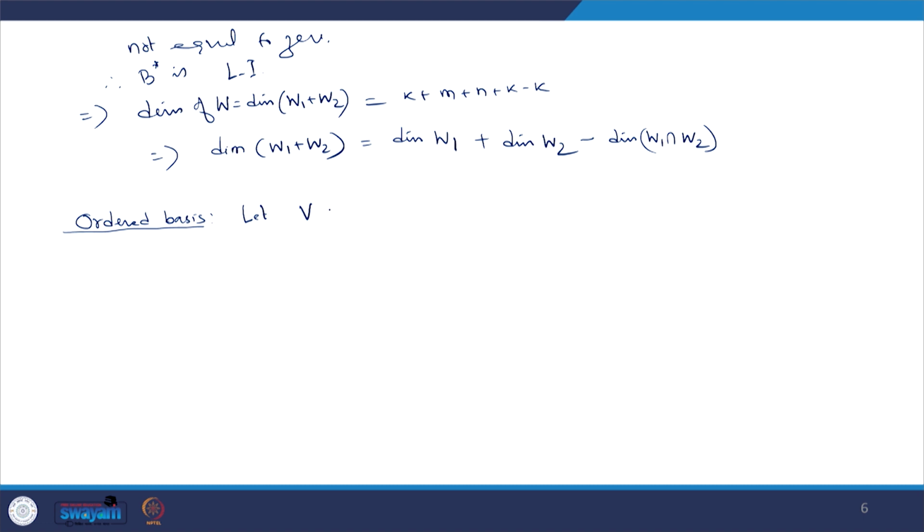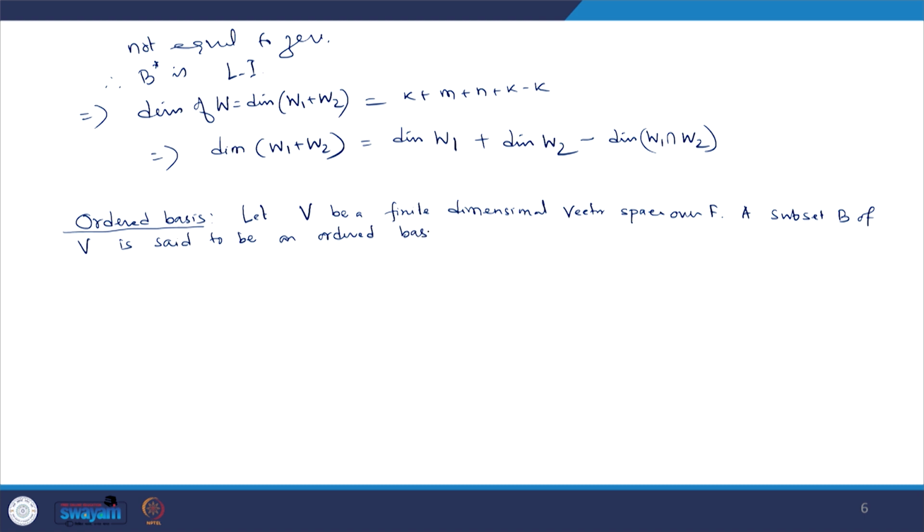Ordered basis. Let V be a finite dimensional vector space over the field F. A subset B of V is said to be an ordered basis of V provided, one, B is a basis of V, and second, B is an ordered set.